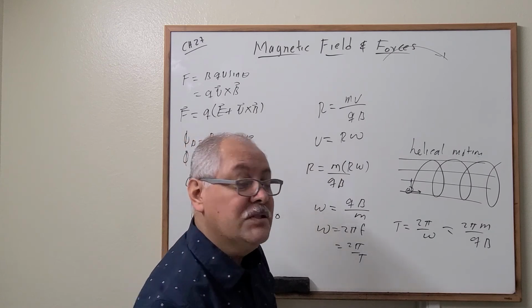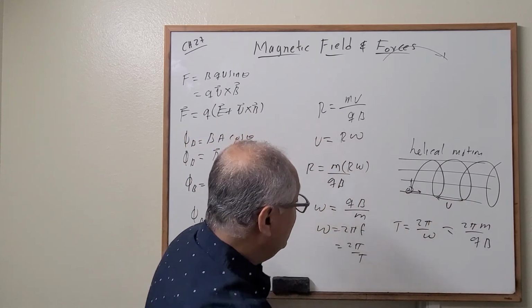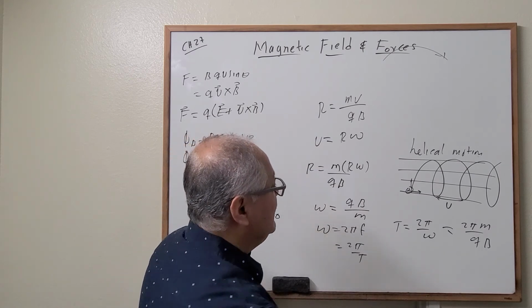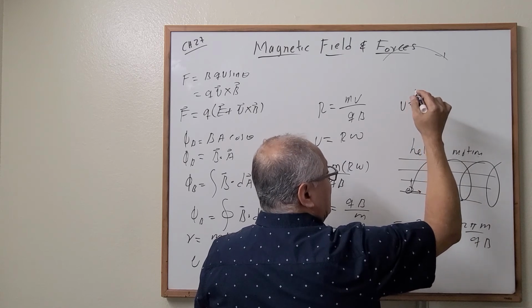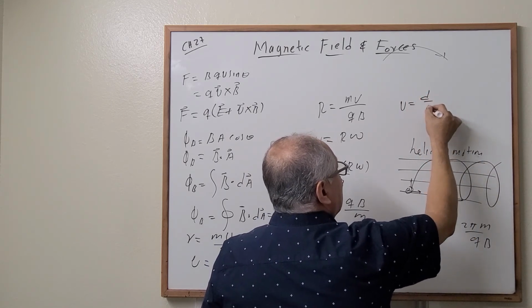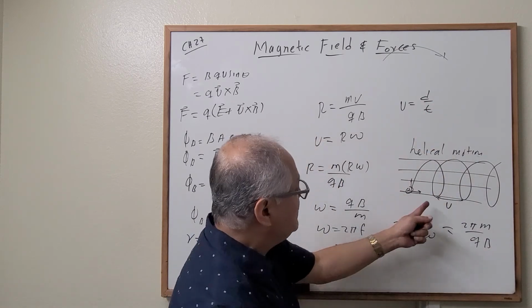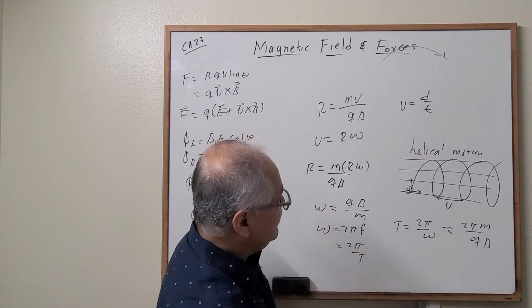Now, what should be the velocity in this direction, from here to here? Let's call it v. That velocity is going to be the distance divided by the time. But the time is equal to the period, because it's periodic. So the time is equal to the period.